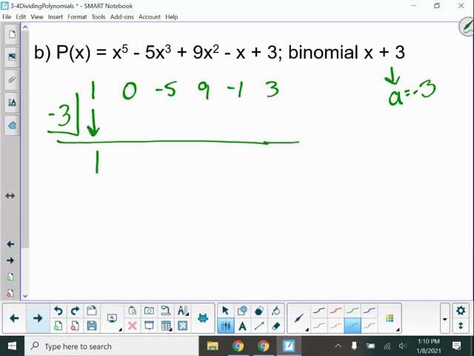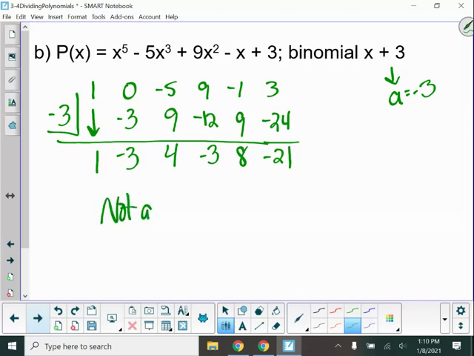So bring down the 1, multiply by the box number, add down, multiply by the box number, add down, multiply and add, multiply and add. And whenever I do this one, it is not a factor.